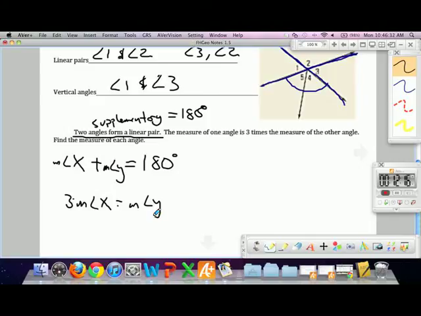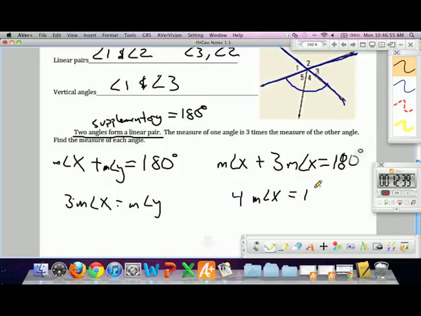If that's the case, then 4 times whatever x is better be 180. So what's the measure of angle x? x better be 45 degrees. If x is 45, what's the measure of angle y? It better be 135.